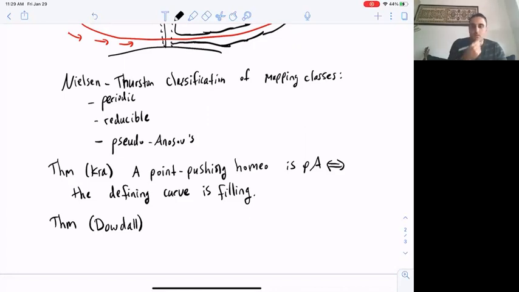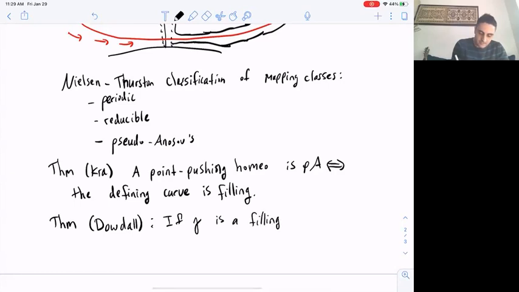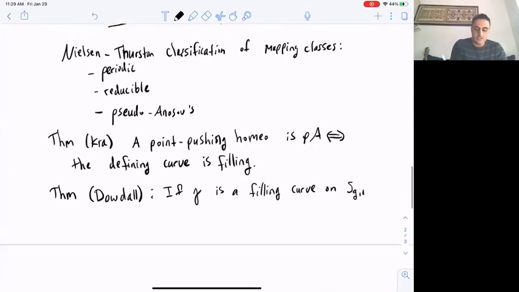And so Dowdall related the dilatation of the pseudo-Anosov to the number of times that the defining curve crosses itself when you draw it in minimal position. So if gamma is a filling curve on the surface of genus G with one puncture, then we have the following inequalities.